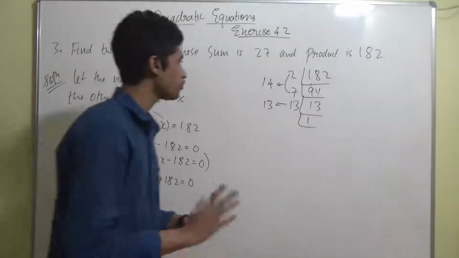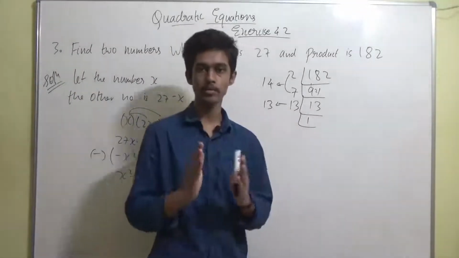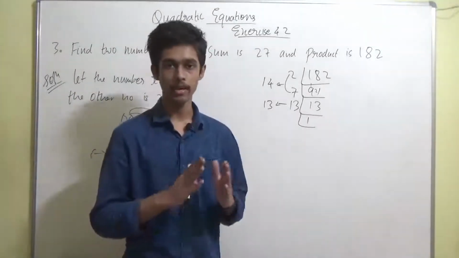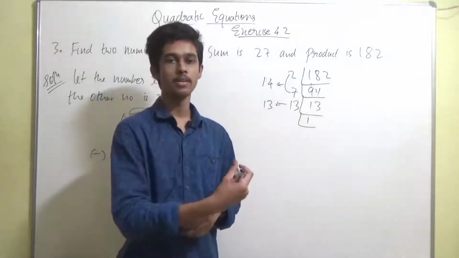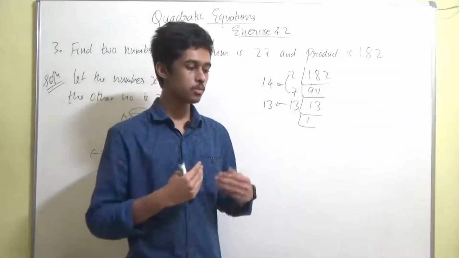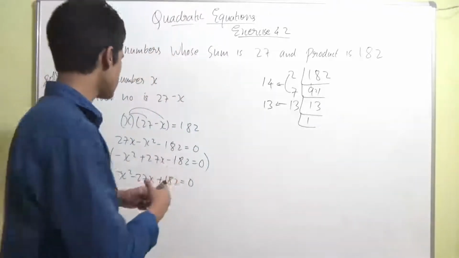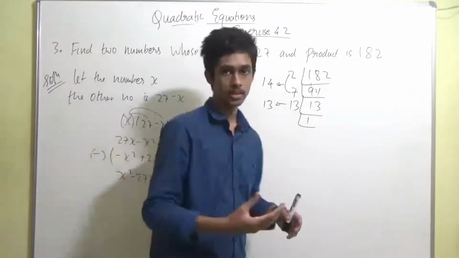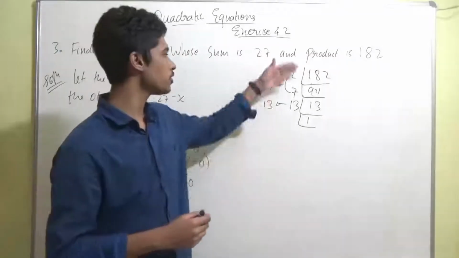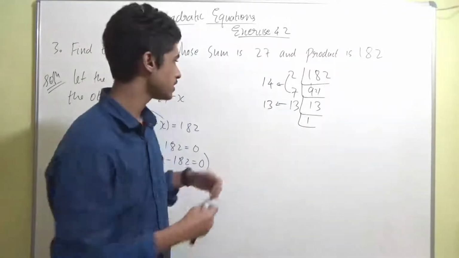So the terms you have to find after splitting the middle term, those two terms you find from the prime factorization by clubbing.